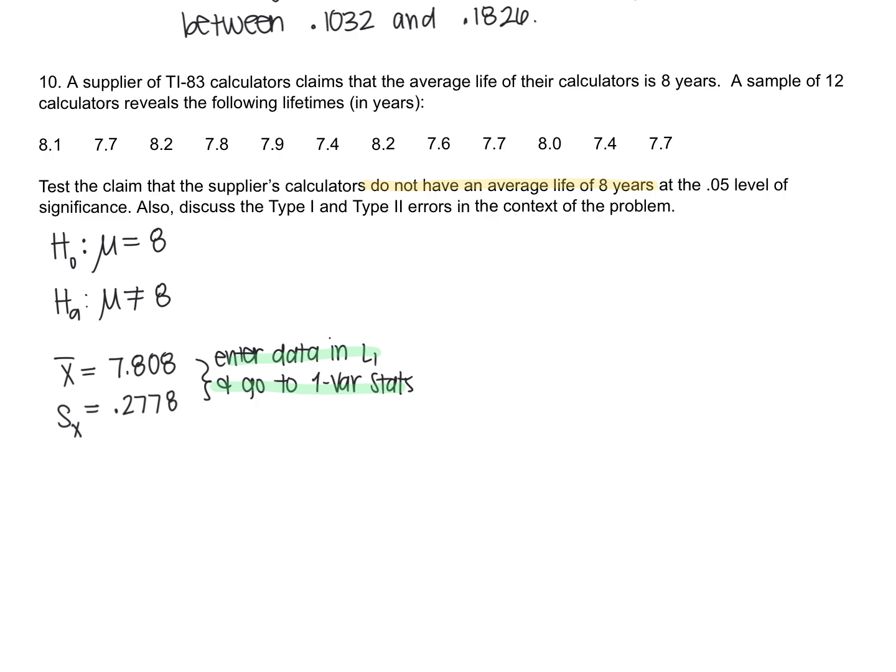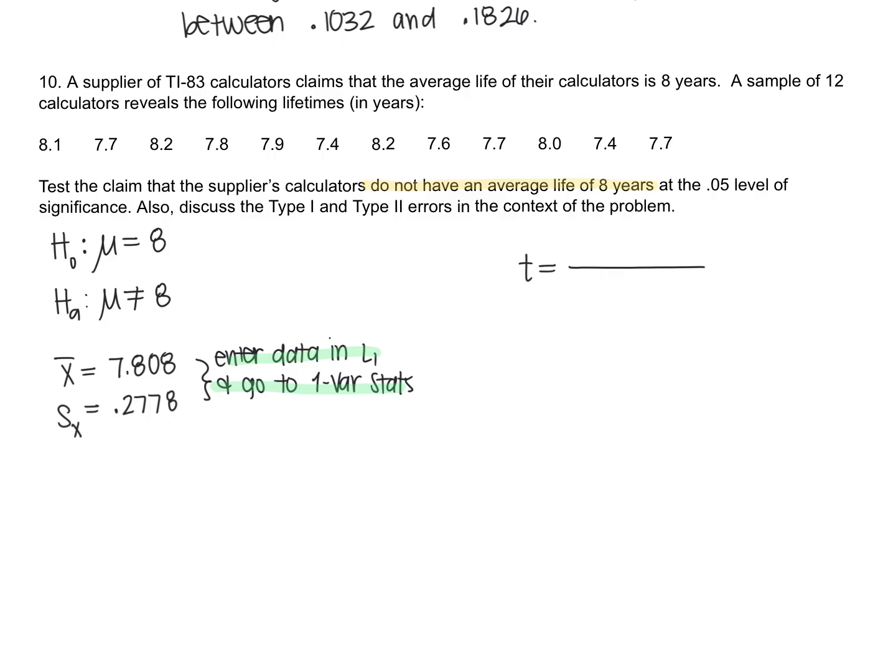All right, once we have our sample mean and sample standard deviation, we're going to calculate a t-test statistic. So remember, similar to confidence intervals for means, in a significance test for means you also have to know whether you're doing a t or a z test statistic.